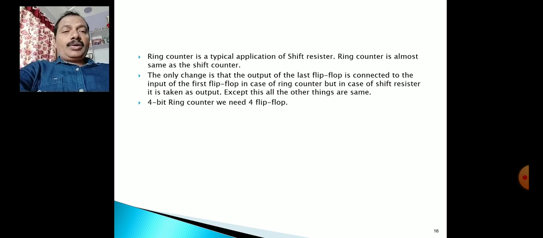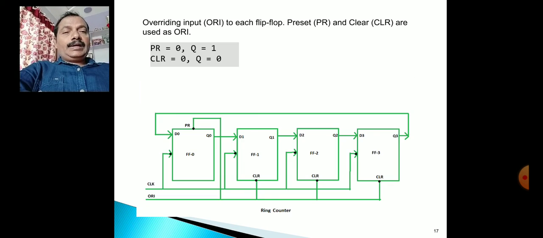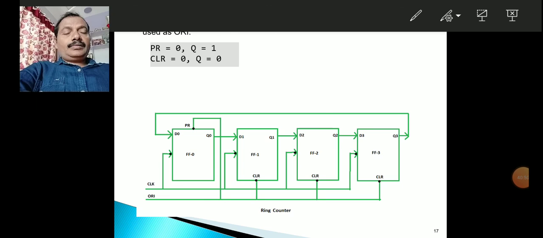For a 4-bit ring counter we need 4 flip-flops. So this is the 4-bit ring counter. Observe here, this is very simple. The last flip-flop output is connected as input to the first flip-flop.